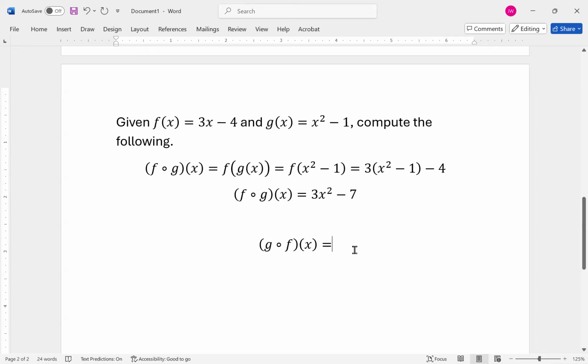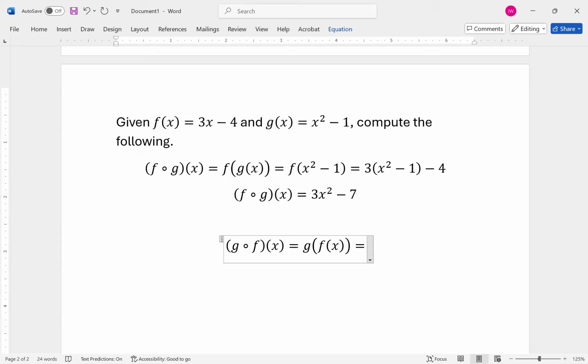If we do this in the reverse order, if I compose g with f, that is, if g is on the left-hand side, then f of x is going to be the input for my function g. f of x is 3x minus 4.